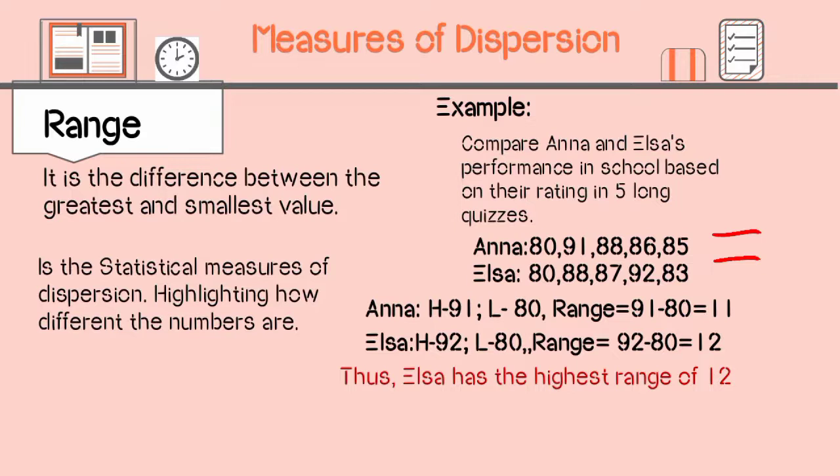So, 91 minus 80 is equal to 11. Elsa naman ay nakakuha ng highest score na 92 and the lowest score of 80. Range: 92 minus 80 is equal to 12. Thus, Elsa has the higher range of 12. So, yan po ang pagkuha ng range, minus ang highest and lowest score para makuha ang range.